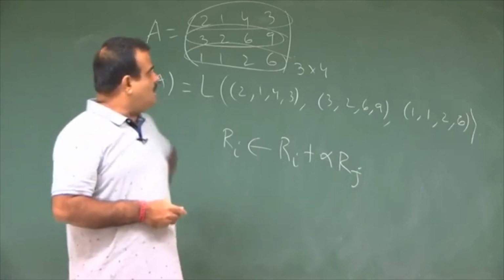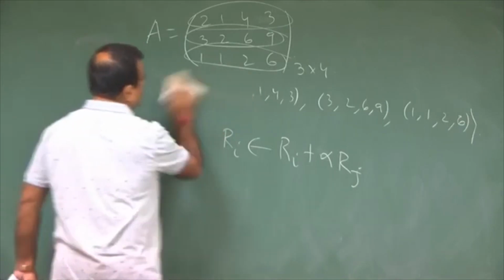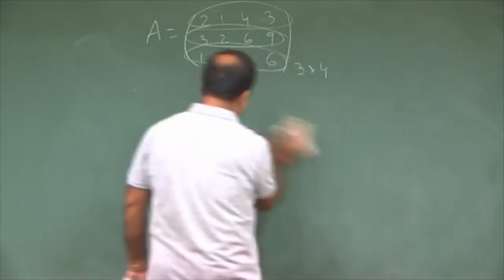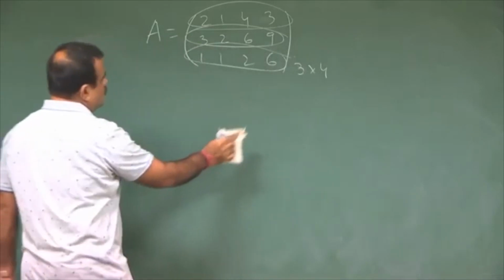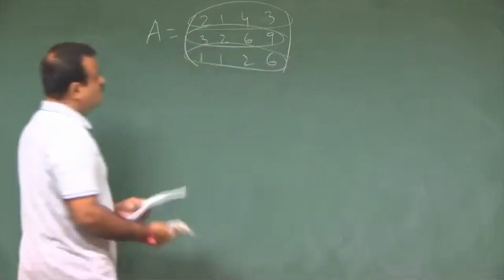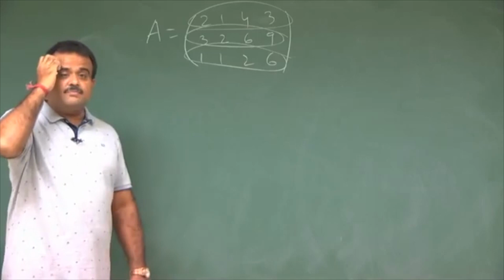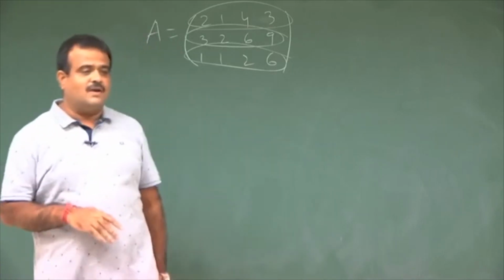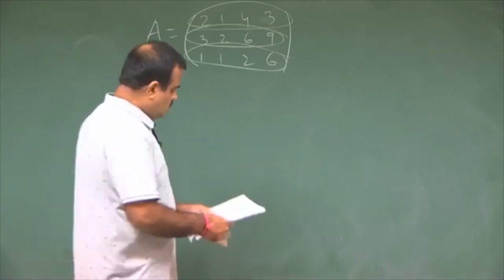So, basically we apply elementary row operations on this matrix to reduce it to row reduced echelon form, and to get the basis of that vector subspace.